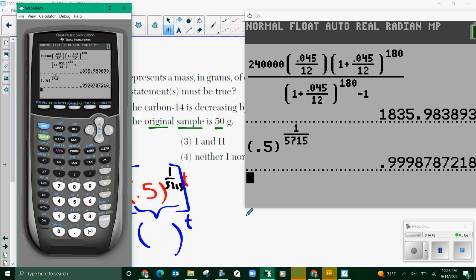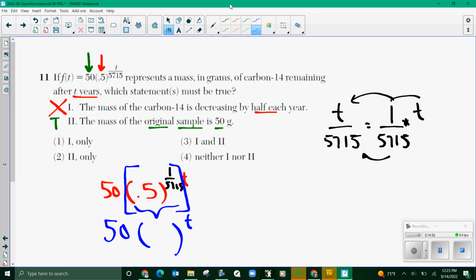This simplifies. I'll go 4 digits. It's 0.999, and this 8 right here will round up to a 9. So in here is 0.9999. That is definitely not 50% anymore, is it? Technically, that's 1 minus my rate.